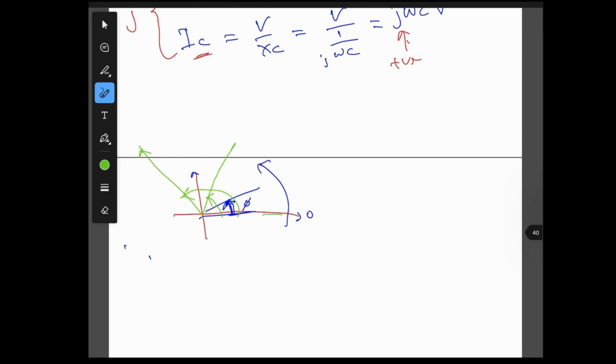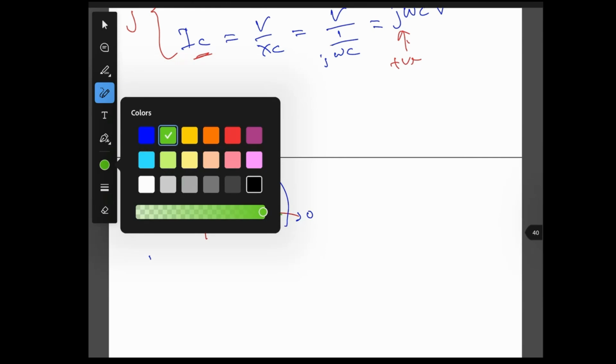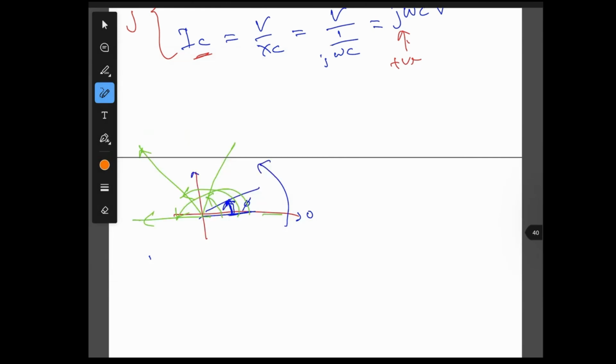For this one, it is from here to here. So the angle is read counterclockwise.